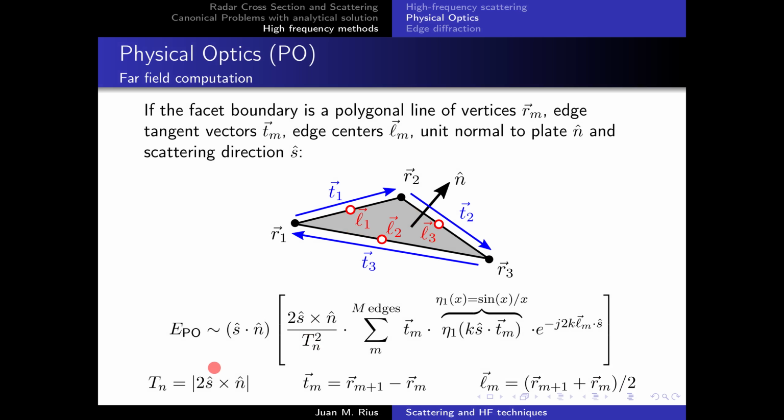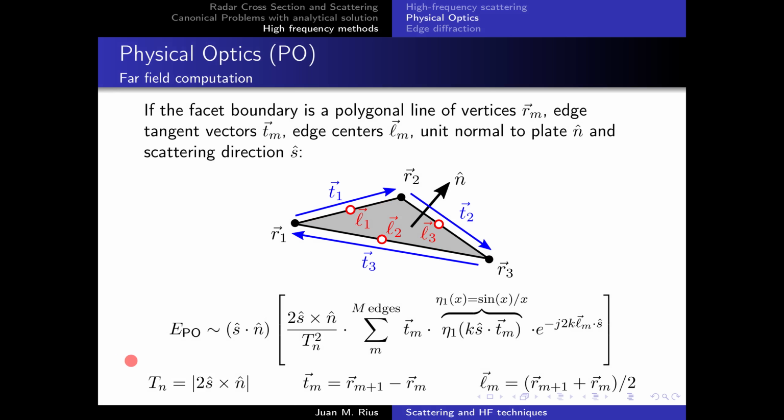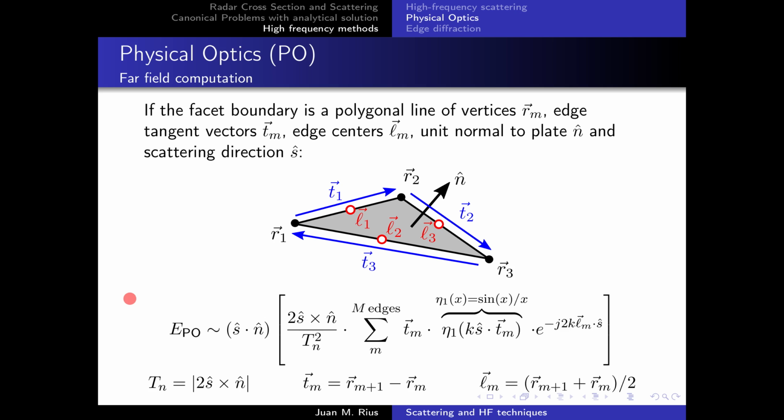This Tn is the surface of the triangle, and in the case of a triangle we can compute the surface with a simple cross product. If the number of edges is larger, we have to follow a different procedure, but for just triangles we can very easily compute the surface.